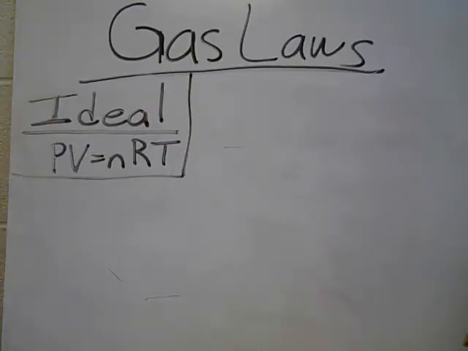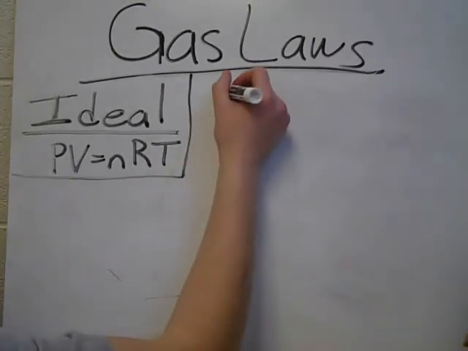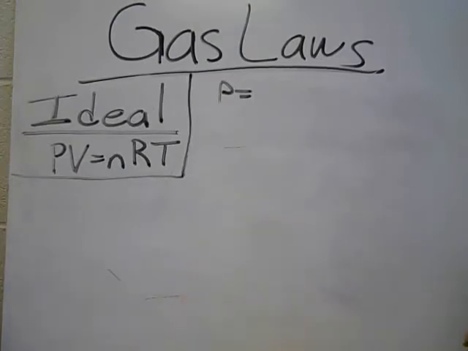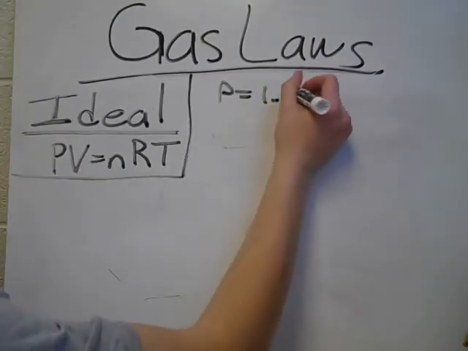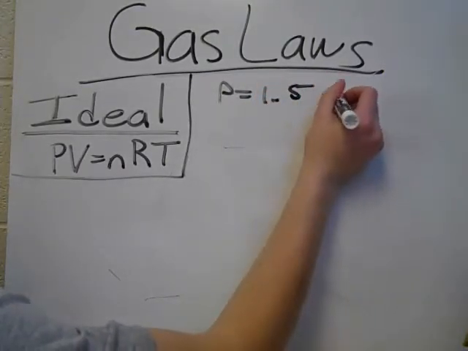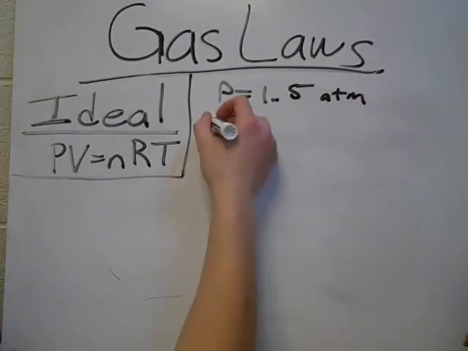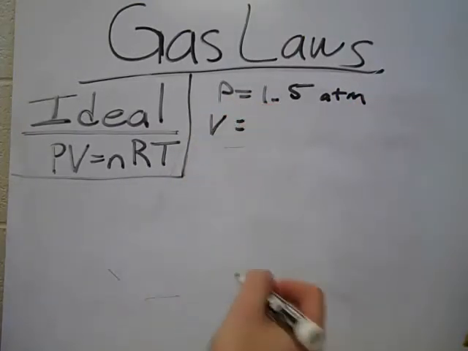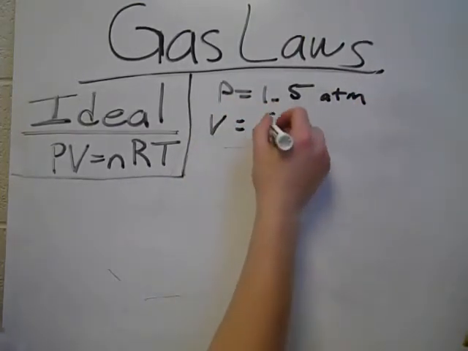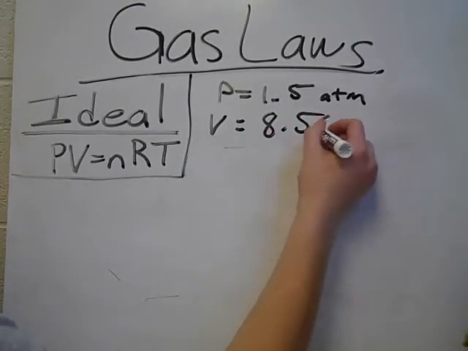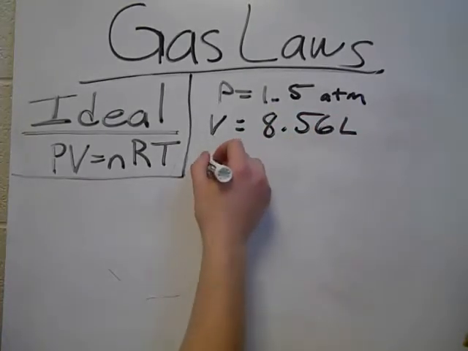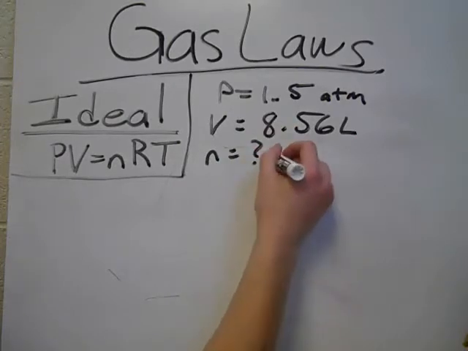So, first thing to do is write out your knowns and unknowns. So P is equal to 1.5 atmospheres. V is equal to 8.56 liters. n is what we're trying to solve for.